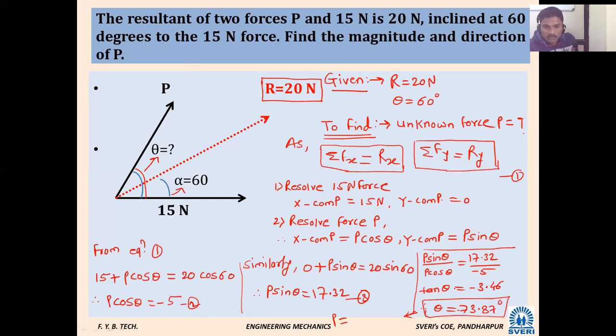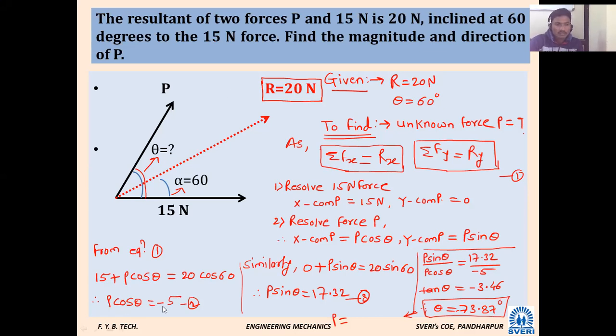Here it is minus. What is the value of P? Am I audible? Rutuja, what is the value of P? Only we have to put here, nothing else.